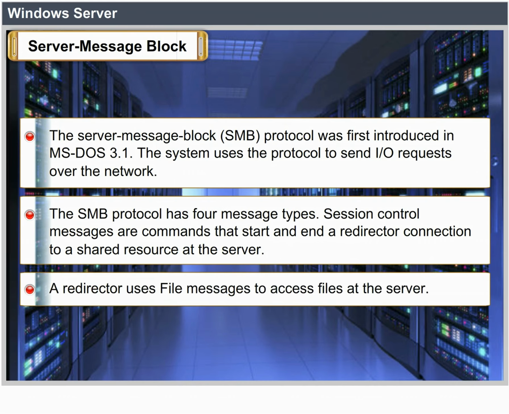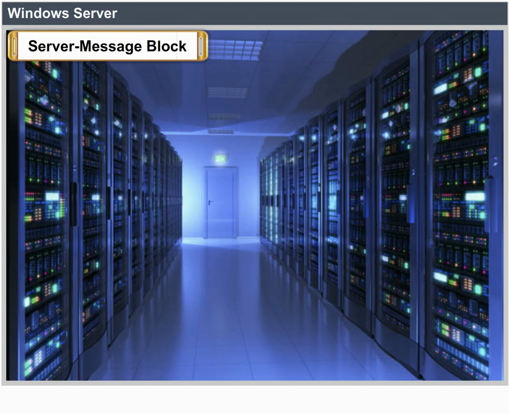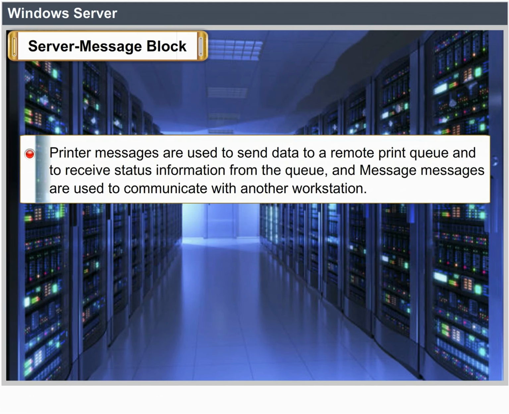A redirector uses file messages to access files at the server. Printer messages are used to send data to a remote print queue and to receive status information from the queue, and messages are used to communicate with another workstation.